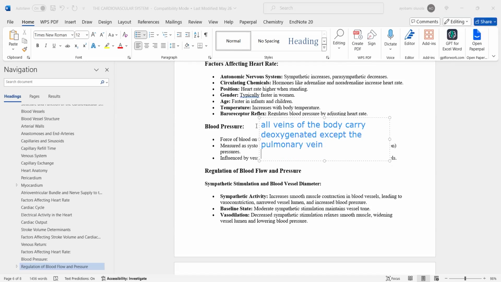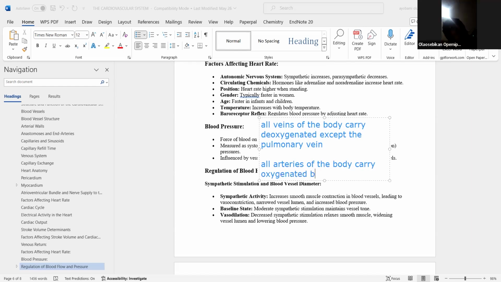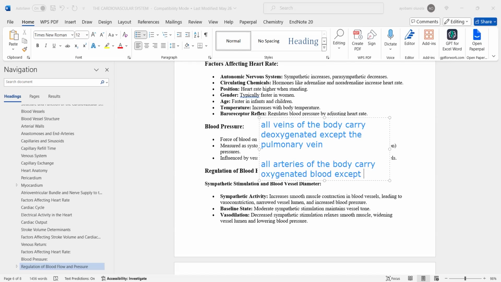Then also, all arteries of the body carry oxygenated blood, except the pulmonary artery. So what this means is that the pulmonary vein, instead of deoxygenated blood, carries oxygenated blood, while the pulmonary artery, instead of oxygenated blood, carries deoxygenated blood.